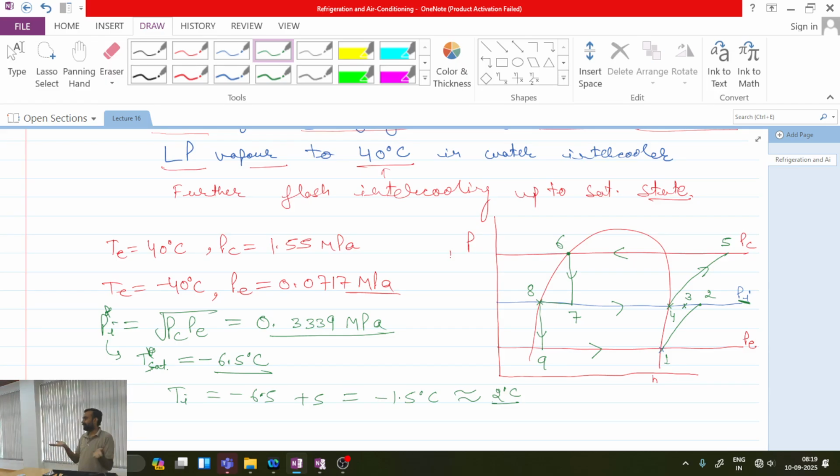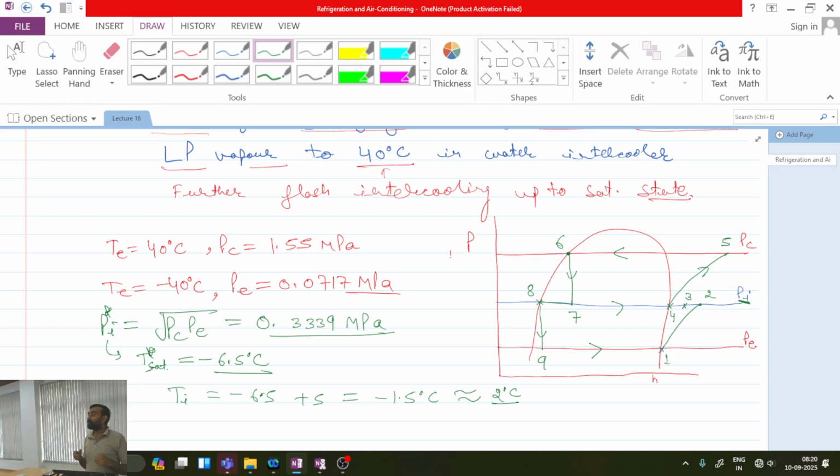Whenever the direct value is not available, we take one lower value and one higher value, closest, and then do the linear interpolation. To avoid that, because 2 degrees Celsius is given in my table, I am approximating 1.5 degrees to 2 degrees. Fine.